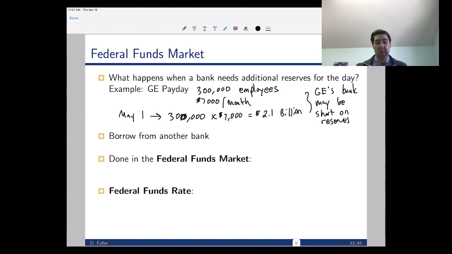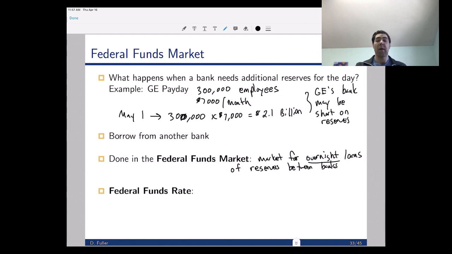Banks will borrow from other banks in what is called the federal funds market. So this is a market for overnight loans of reserves between banks. And yes, those are overnight loans, meaning the bank will pay them back the next day.